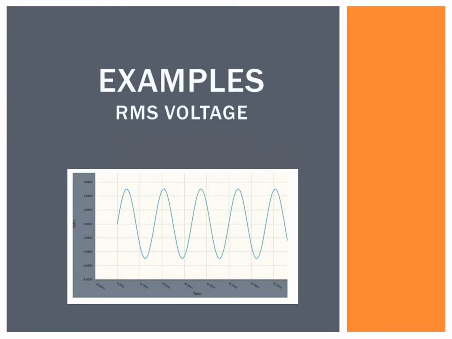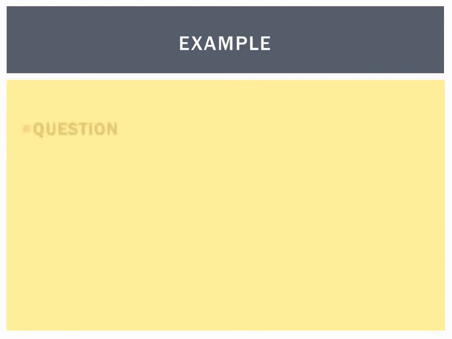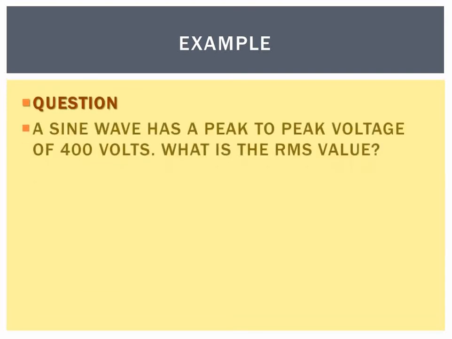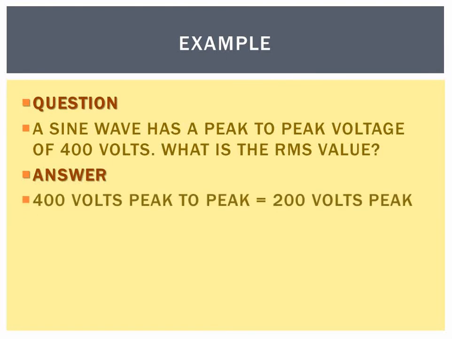Let's take a look at some examples of RMS voltage. If we have a sine wave and it has a peak-to-peak voltage of 400 volts, what is the RMS value? Well, 400 volts peak to peak is equal to 200 volts peak.